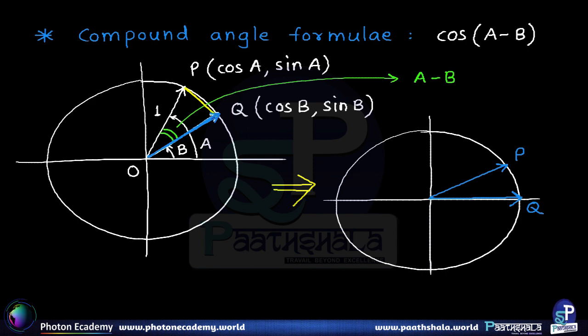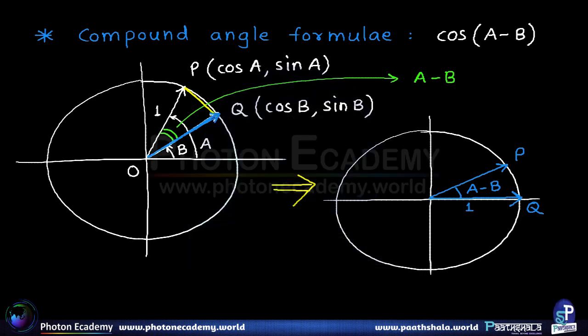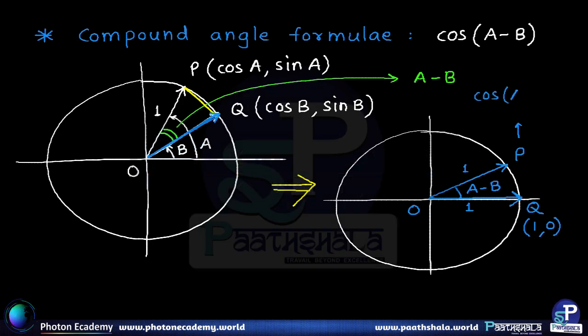Now the angle between them is nothing but A minus B. Radius being 1, the coordinates of Q in the new position become 1 and 0, and the angle made by the radius vector OP is A minus B, so the coordinates of P now become cos of that angle and sine of that angle respectively. These are the new coordinates of P and Q.